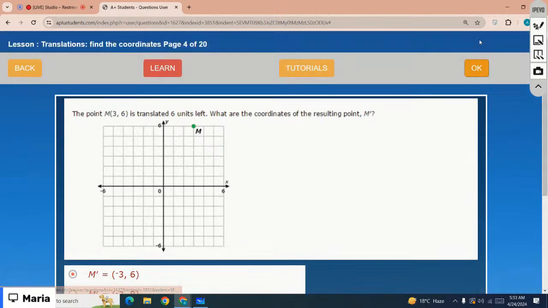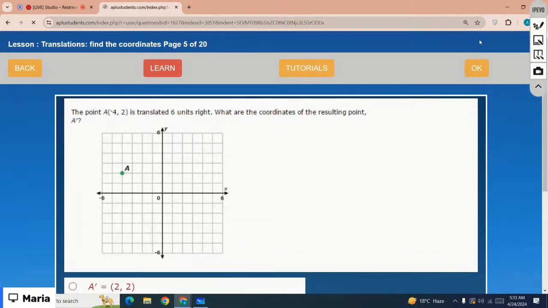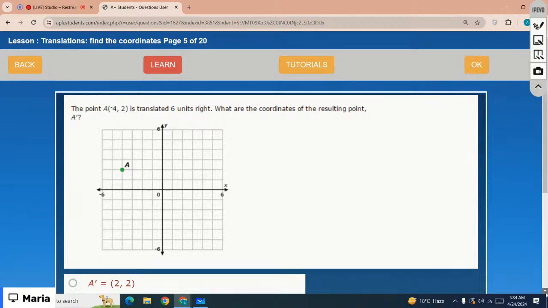Option number 1 is the correct option. The point A (negative 4, 2) is translated 6 units right.